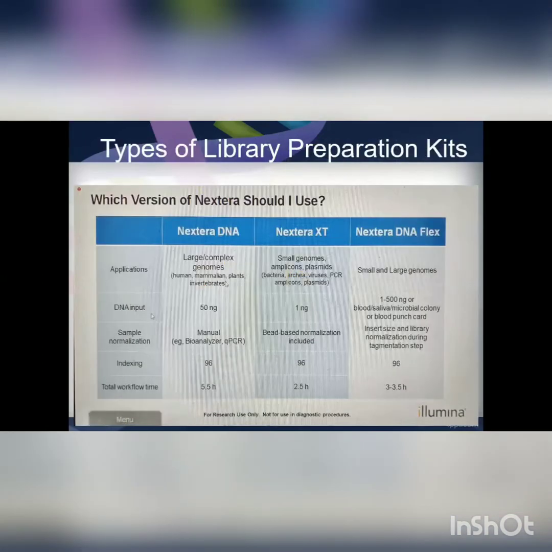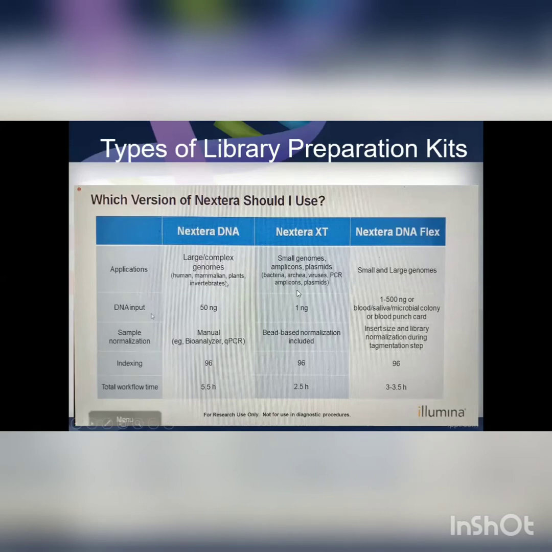So what are the types of library preparation kits? Which version of Nextera should I use? So it depends upon the types of applications that you want to perform. For large and complex genomes, such as humans, mammalians, plants, and invertebrates, you would use the Nextera DNA kit.